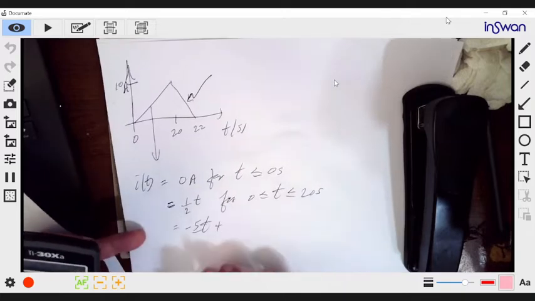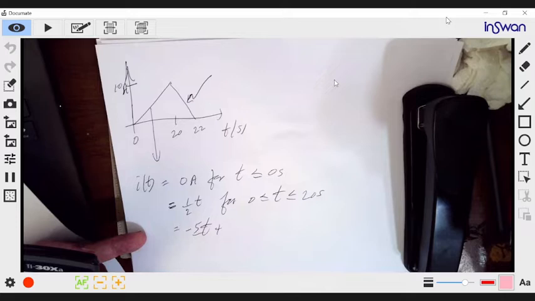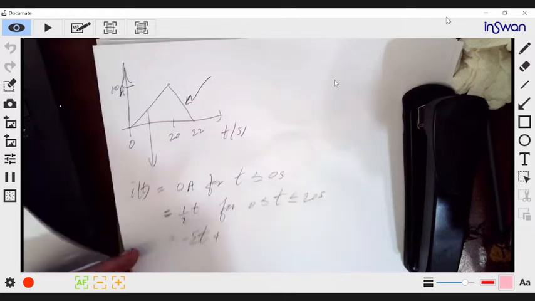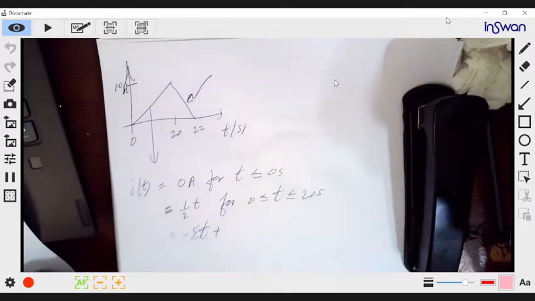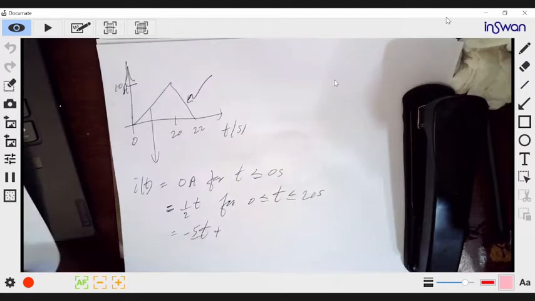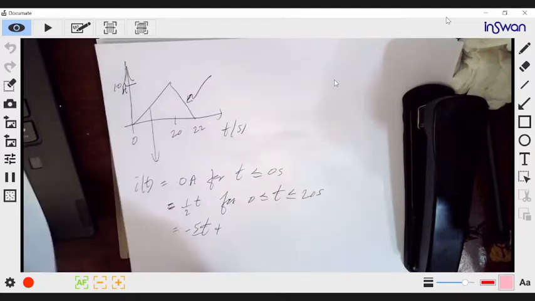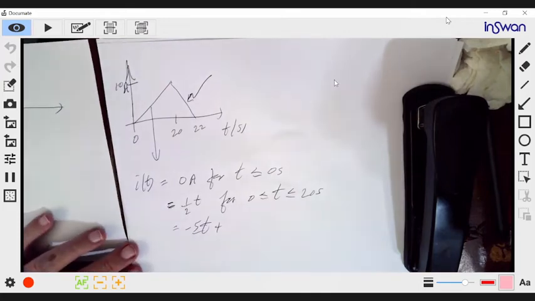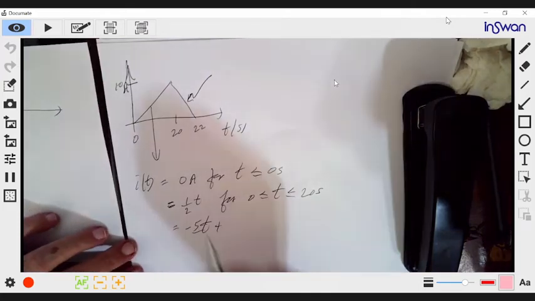Anybody? What's the intercept of the straight line?